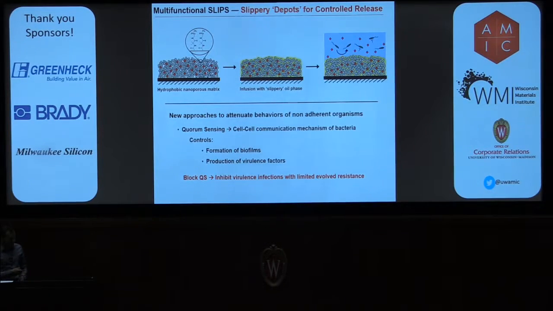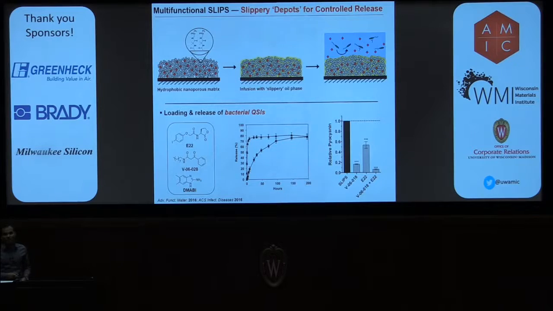So our collaborators here at UW-Madison, Professor Helen Blackwell, an expert in designing molecules that can inhibit these quorum sensing mechanisms of bacteria, have developed a series of different quorum sensing inhibitors, and we wanted to see whether we can load these inhibitors in our surface and prevent the virulence production of these bacteria by measuring the production of pyocyanin from the bacteria that was in solution.